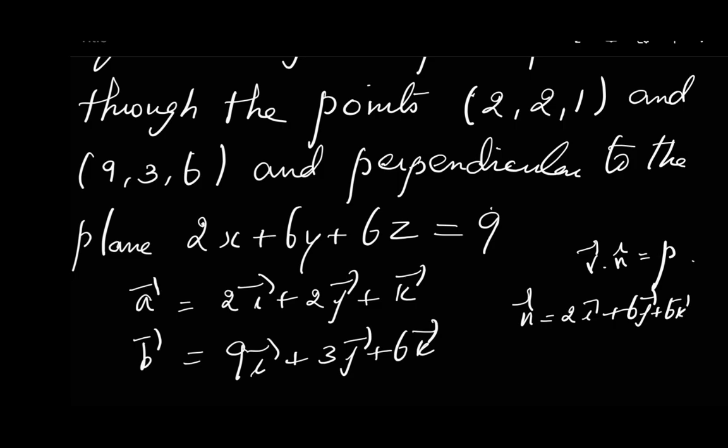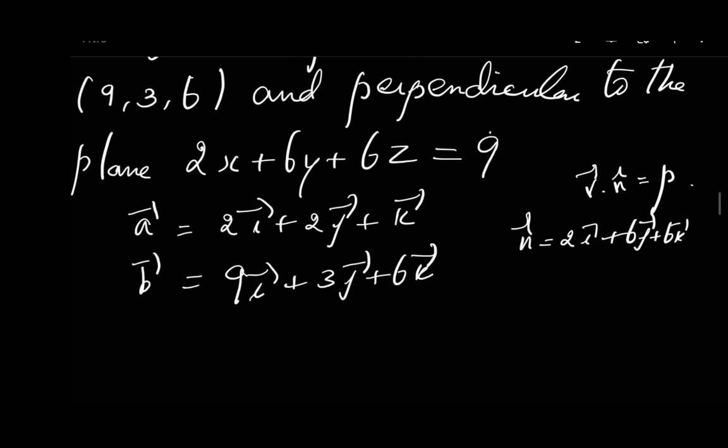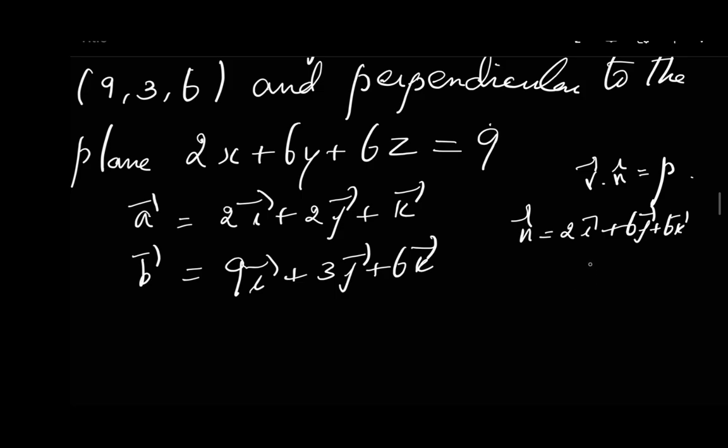So this normal vector here is perpendicular to this plane, but the same normal vector becomes the parallel vector of our required plane. So let me take this vector as the parallel vector 2i plus 6j plus 6k.